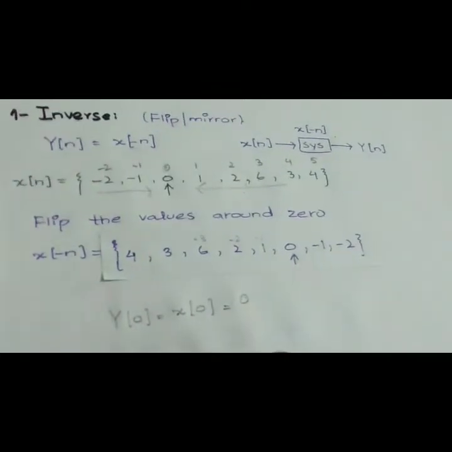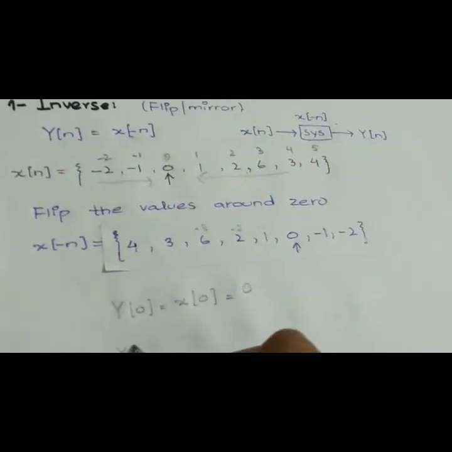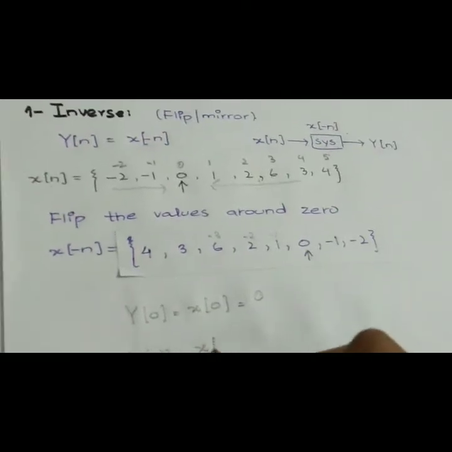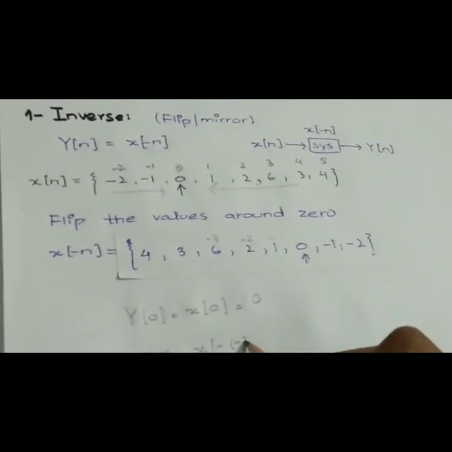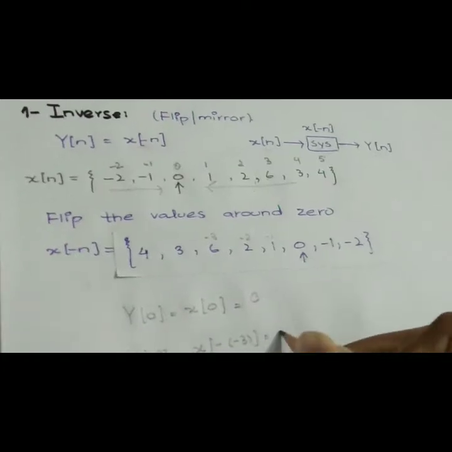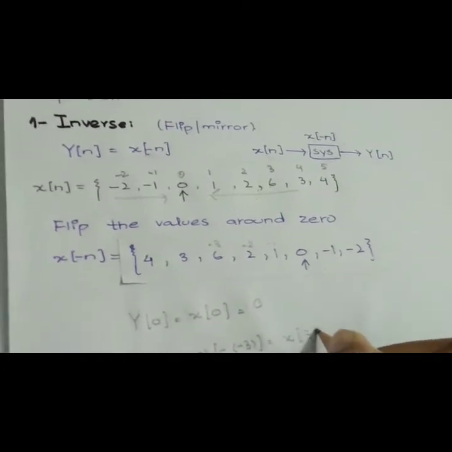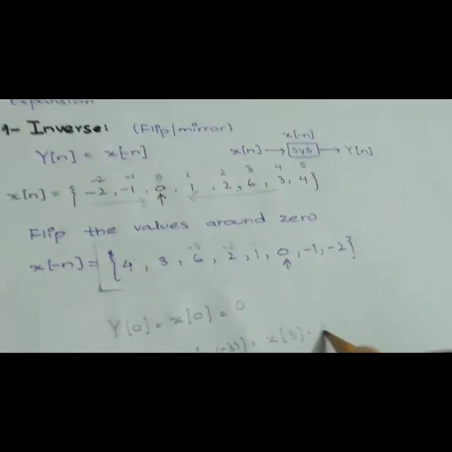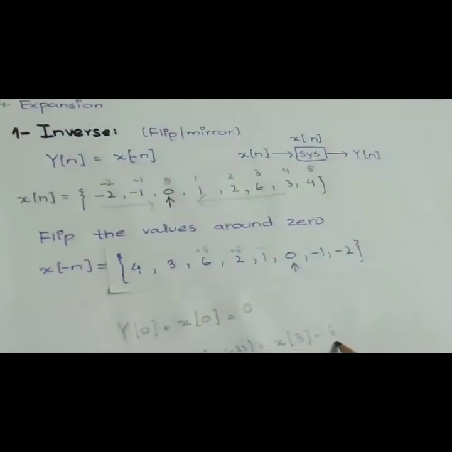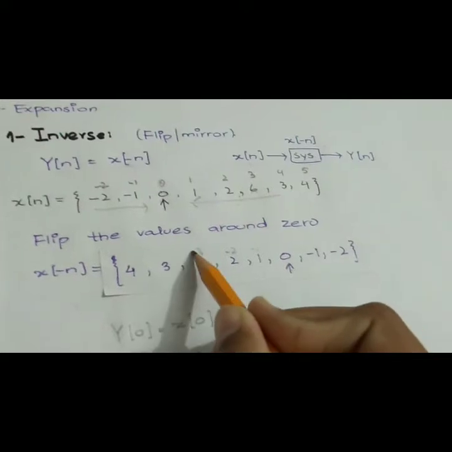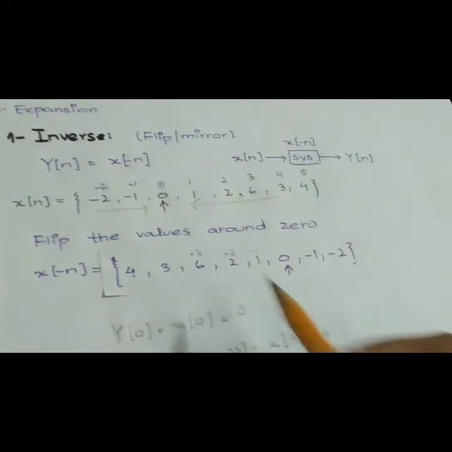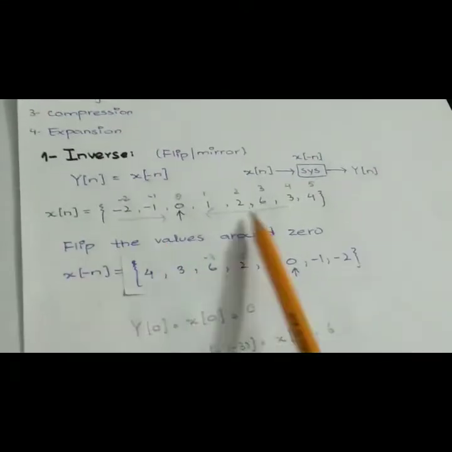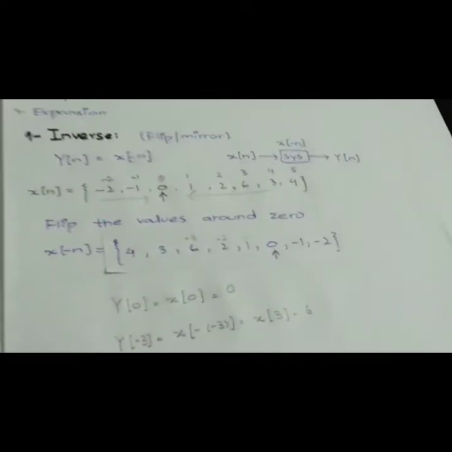If we want to find the value of y at minus 3, then our x will be of minus into minus 3, which is equal to x of 3, and x of 3 is equal to 6. So y of minus 3 is equal to 6. Here at minus 3 our value is 6. So we can find the value by directly flipping them around 0 or by putting values in a system.